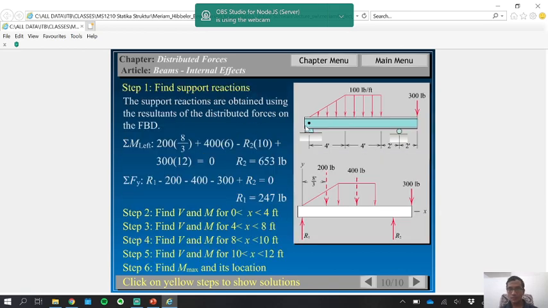Just now, this one is 100 lb per feet at this point, then 0 here.